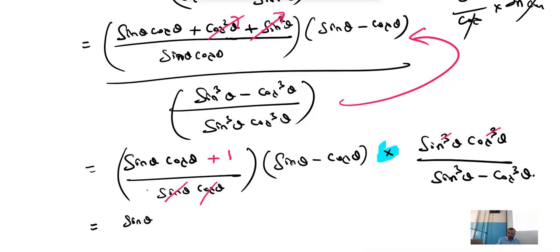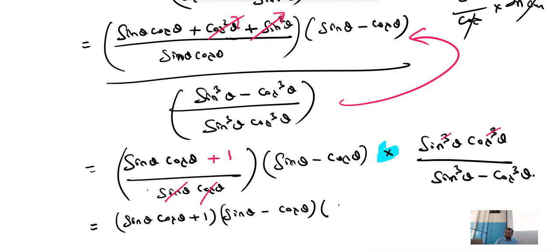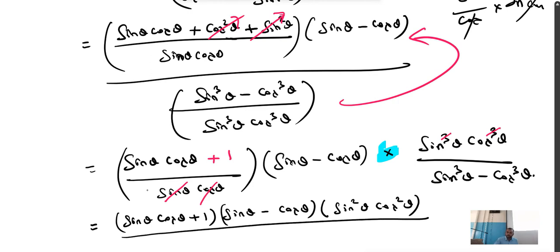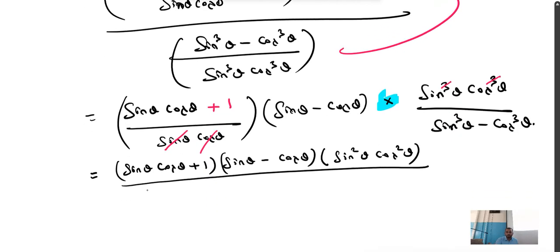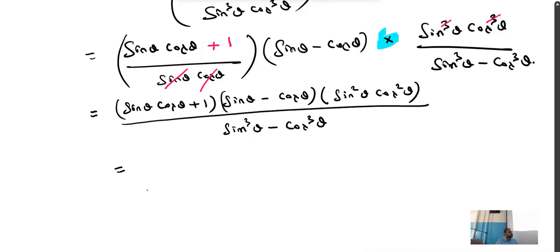Sin theta cos theta plus 1 into sin theta minus cos theta into sin square theta into cos square theta, right? Because one time sin got cancelled. Now what is left out in the denominator? Whole divided by sin cube theta minus cos cube theta. Correct? Is this clear?